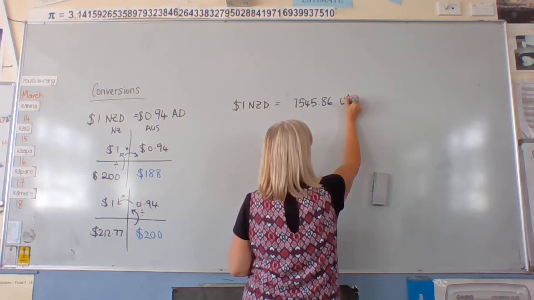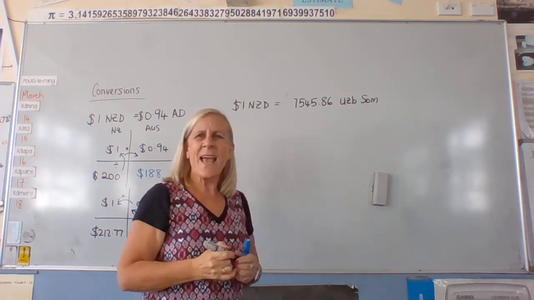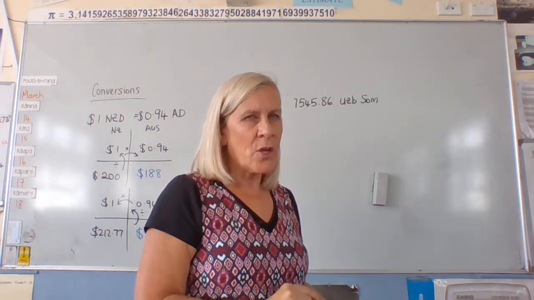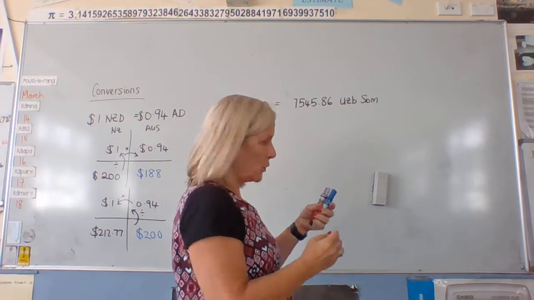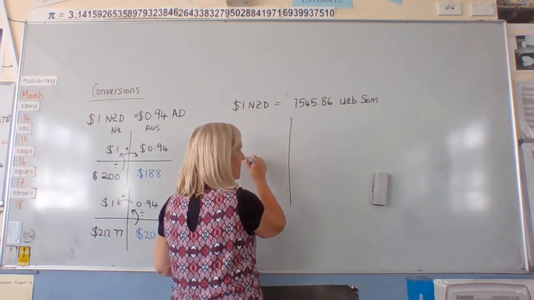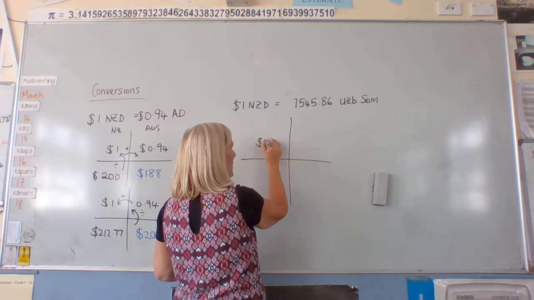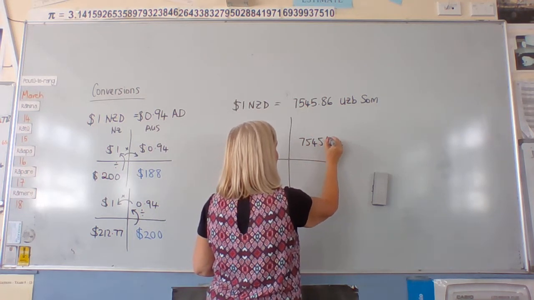So Uzbekistan, they have what's called a som. So that's my exchange rate. So I'm going on this wild holiday over to Uzbekistan and I'm taking my $200. So in this case, my table would look the same. Doesn't matter what the numbers are in it. $1 equals 7,545.86 som.